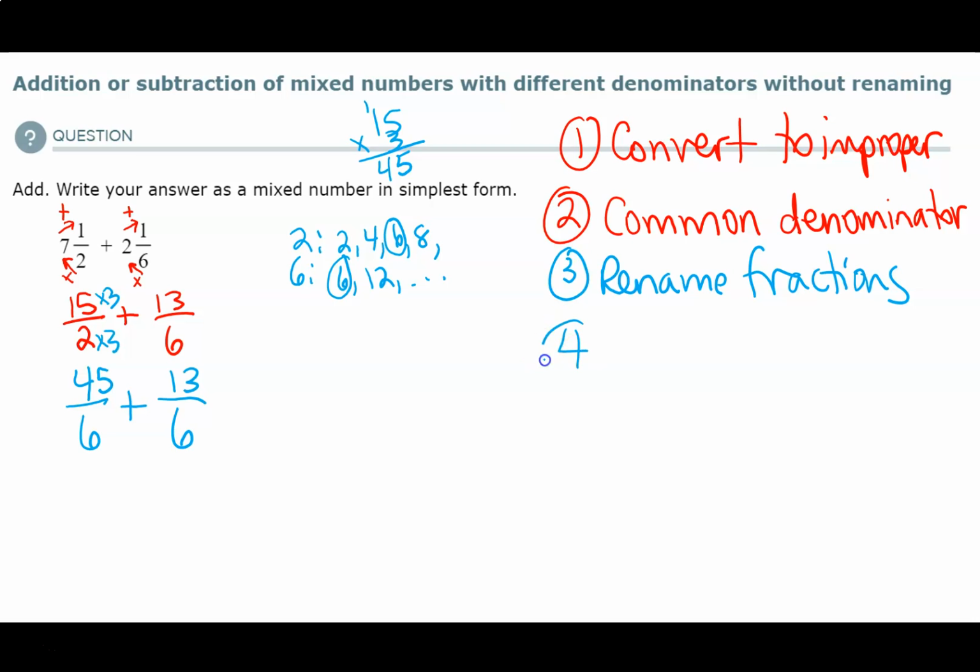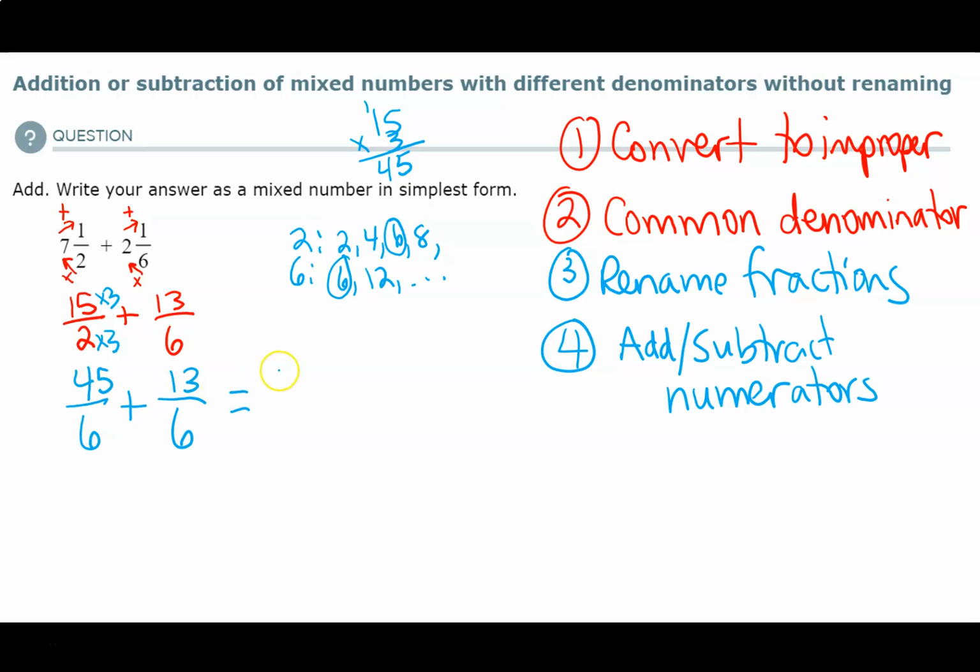So then I go on to step 4, which is add or subtract the numerators. Okay, so in this case, 45 plus 13 makes 58. And then step 5, if needed, we're going to convert to mixed number.